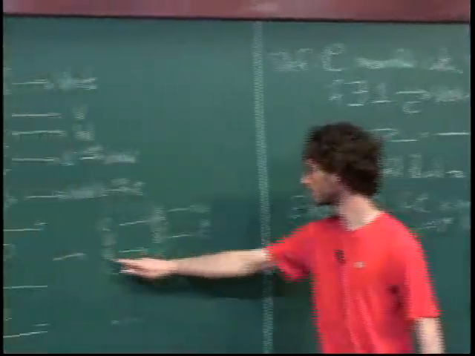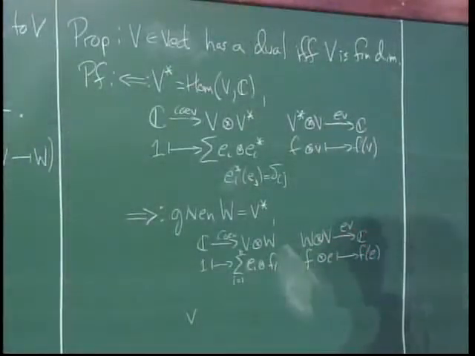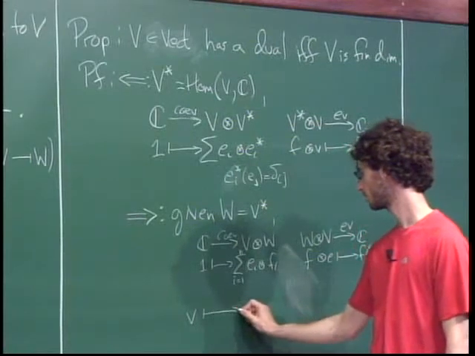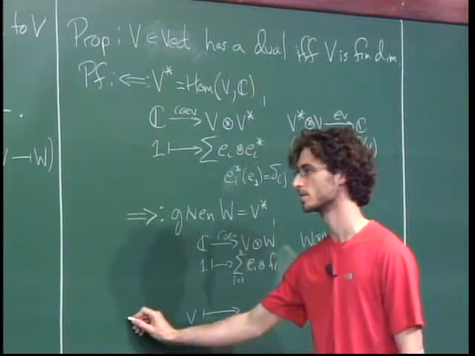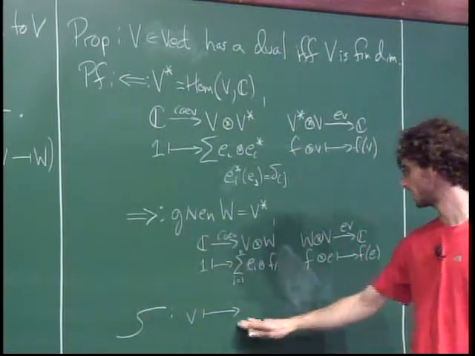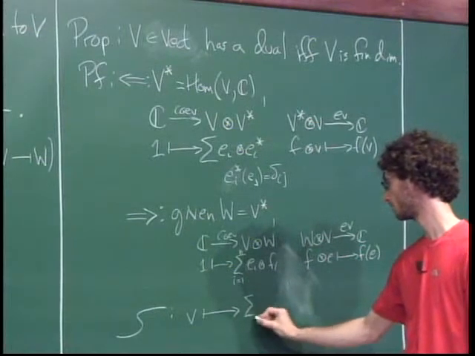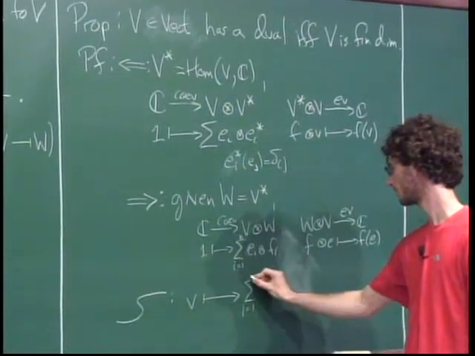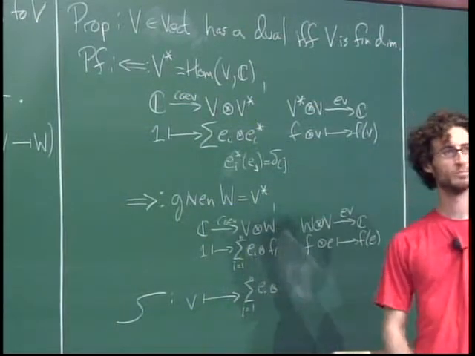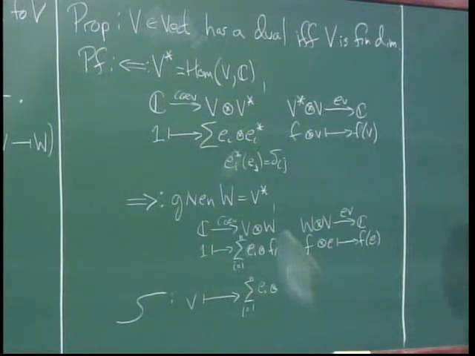So you can think about this zigzag here. I start with V, and I first do a co-evaluation. So I now have the sum from i equals 1 to n of e_i. Bigger, sorry. Yeah, just keep reminding me at regular intervals.